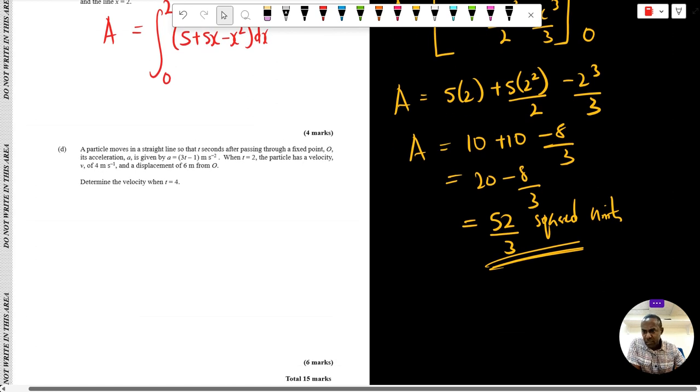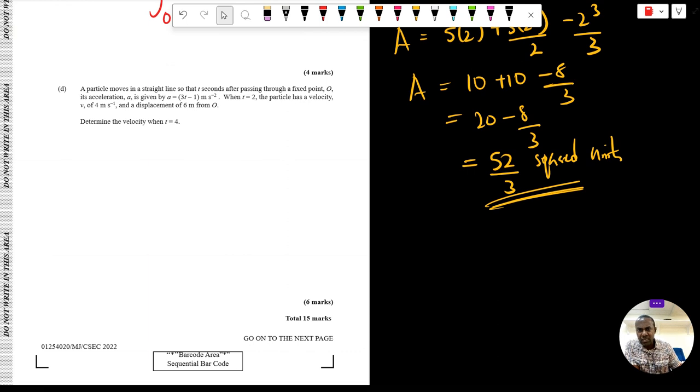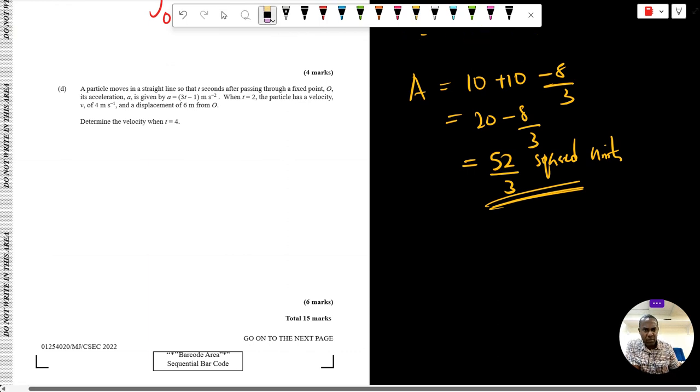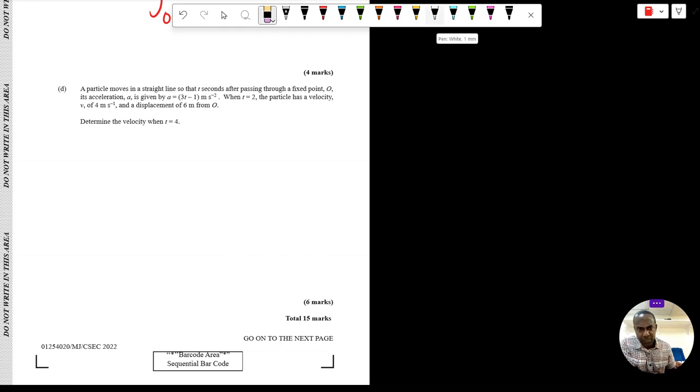So that was part C of the question. Now let's move on to part D, which involves kinematics, right? Part D says, a particle moves in a straight line so that t seconds after passing through a fixed point O, its acceleration a is given by a equals 3t minus 1 meters per second squared.